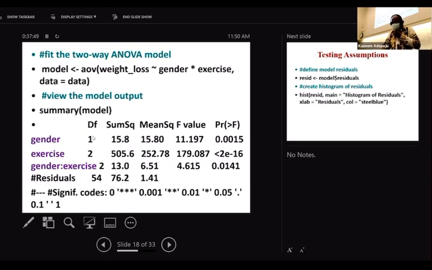Now we have 1 as the degree of freedom for gender because we got 2 levels of gender, male and female. We got 2 as the degree of freedom for exercise because we're considering 3 levels of exercise, none, light, and intense. I want you to look at the p-value associated with gender.